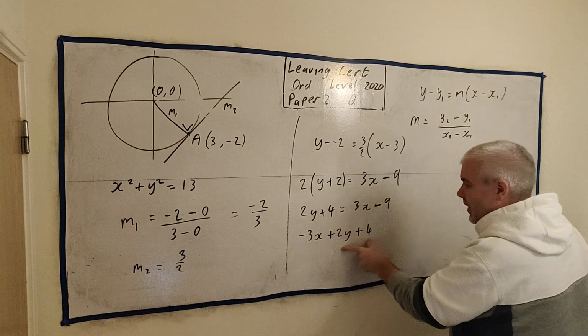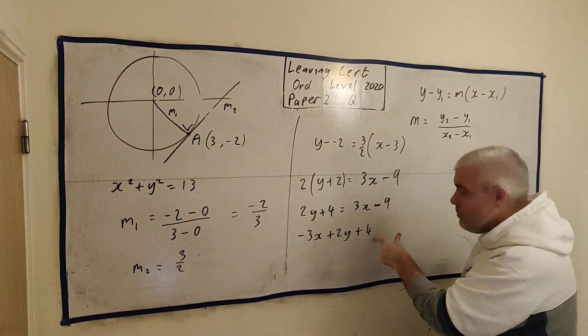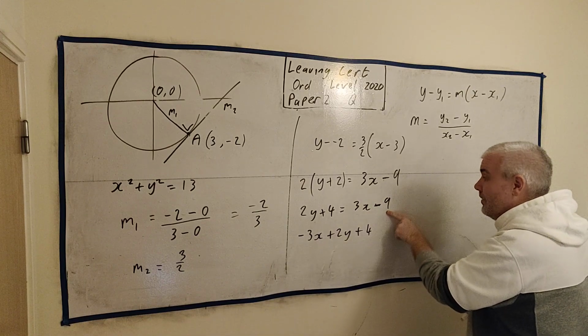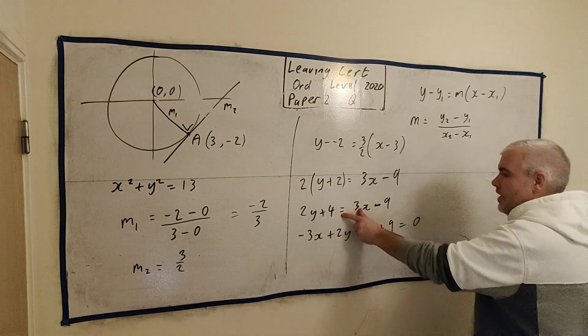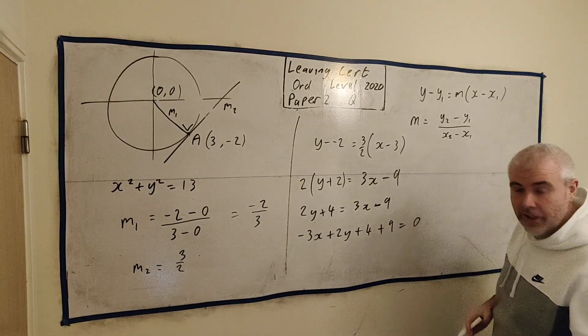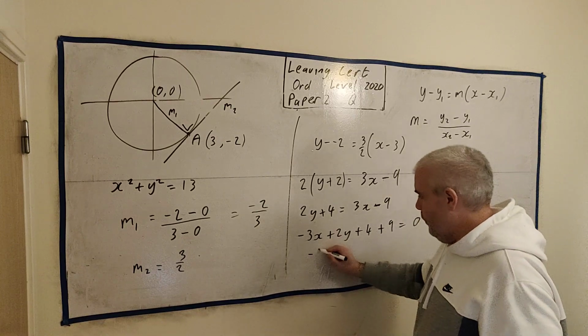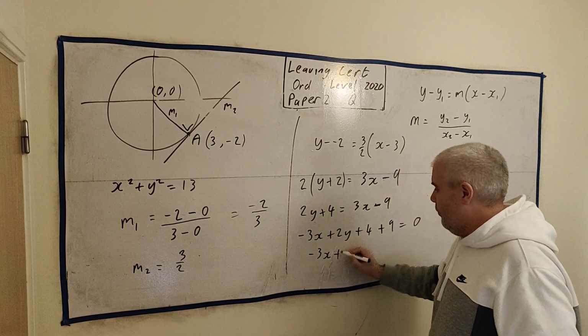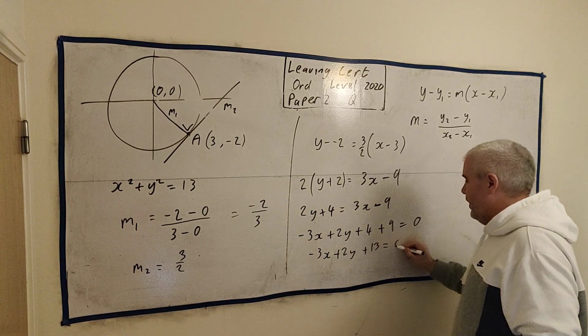The 4 and the 2y never moved. So this becomes a minus, or we take it away from both sides. And we add 9 to both sides. So that appears there. And we're left, this equals is still there, and there's nothing over there. So we write a 0. All right, and well, one more line. 3x plus 2y, add these together, we get plus 13 equals 0.